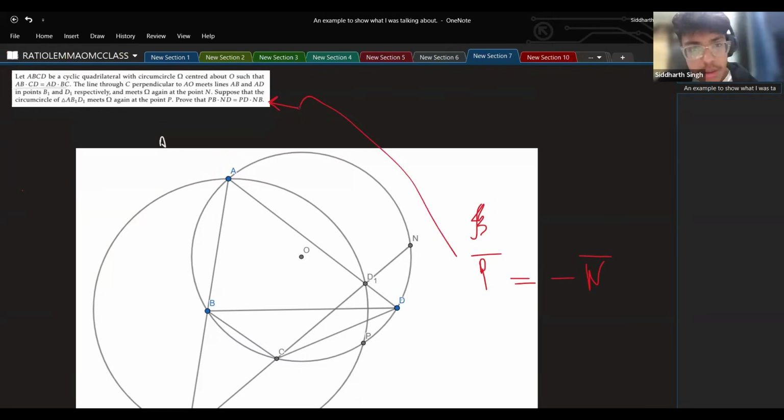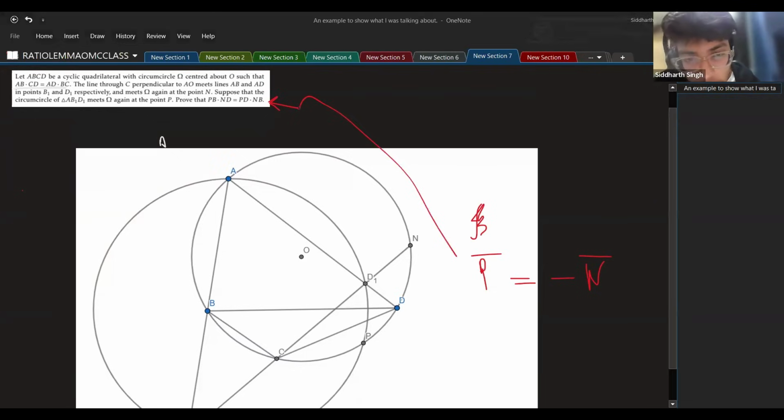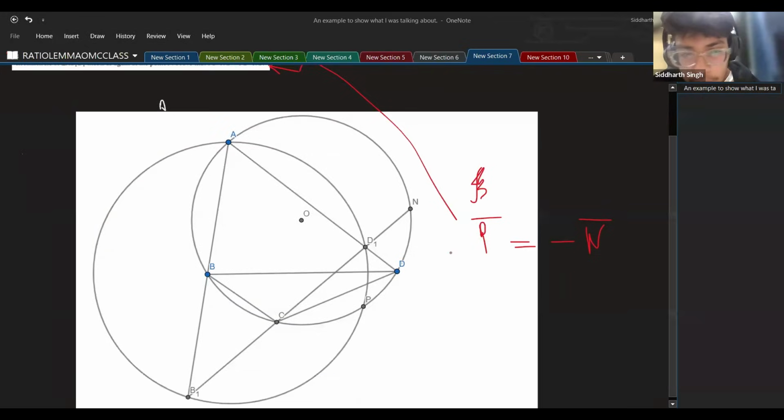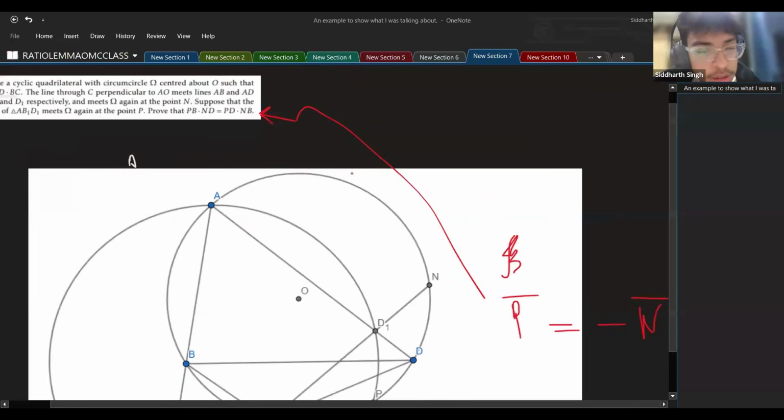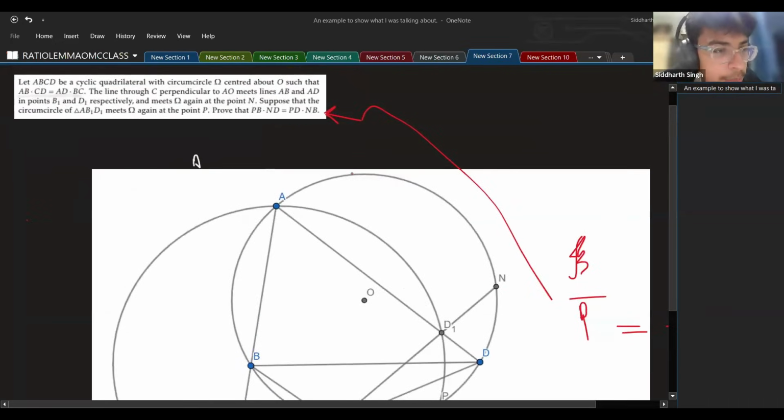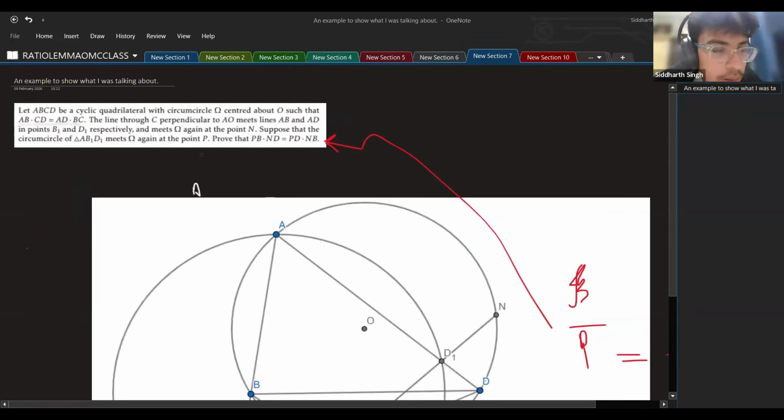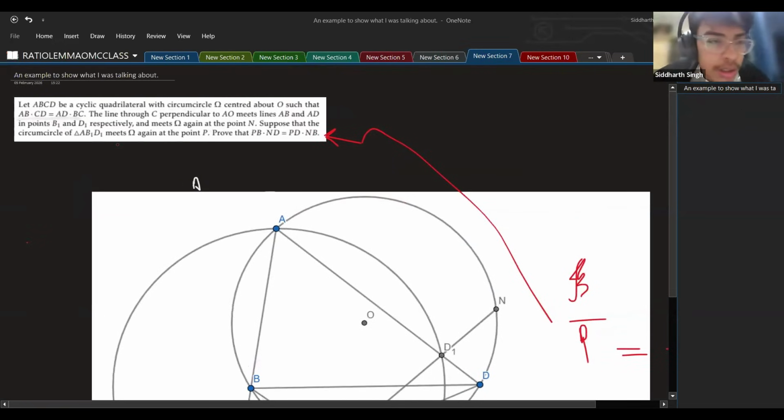Can everyone see this? Nice. Then okay, what are we given? Let's just deal with the problem step by step. In contest, in geometry in general, you want to try to solve the problem while you are drawing the diagram.